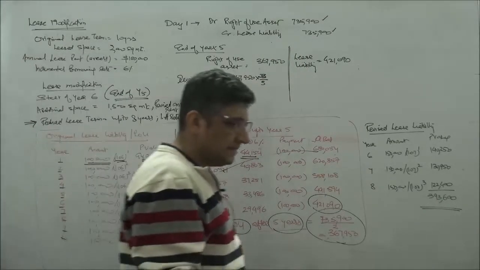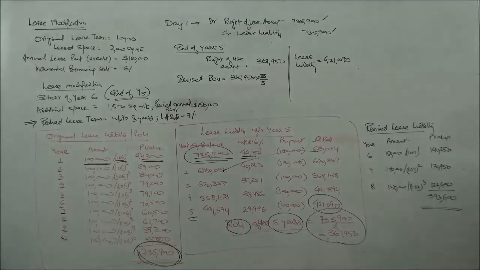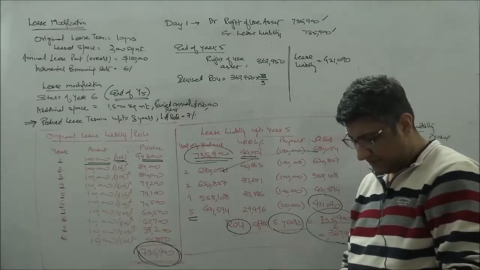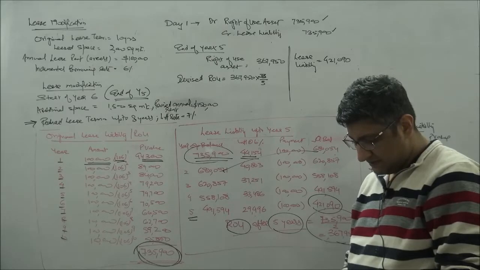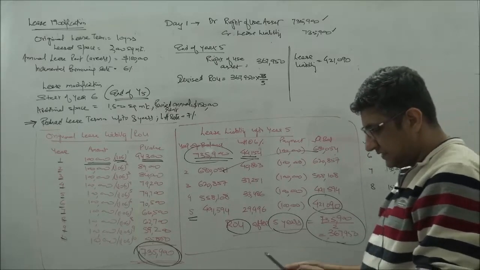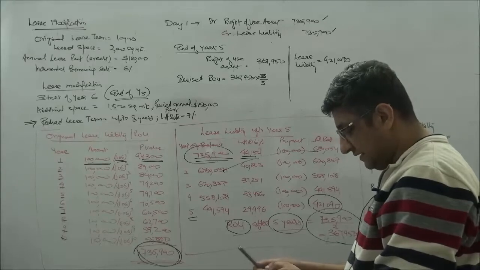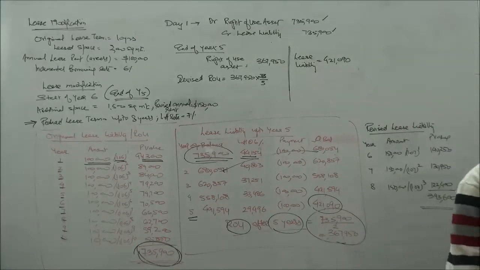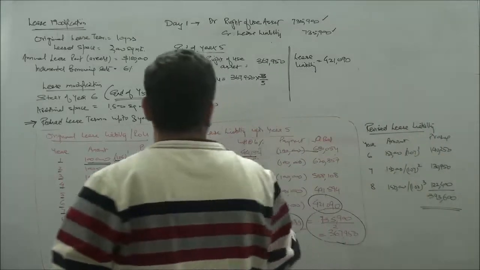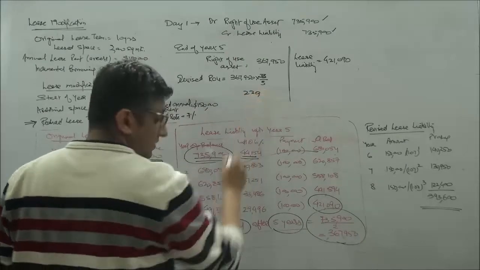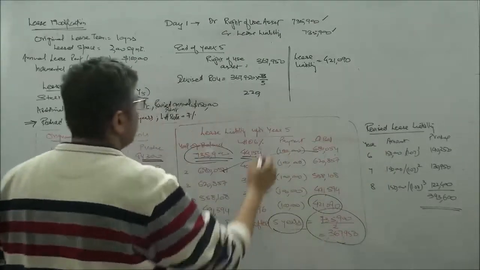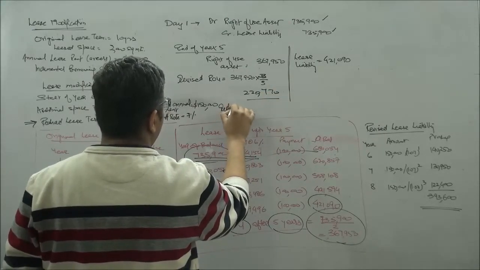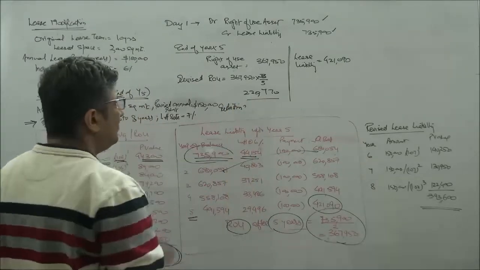So let's calculate this. I'm using a calculator out of my phone, and I'm able to calculate it like this, which is 367,950 into 3 divided by 5. That gives me the value as 220,770, right? Now this also tells me the reduction that amounts to the difference between the two.